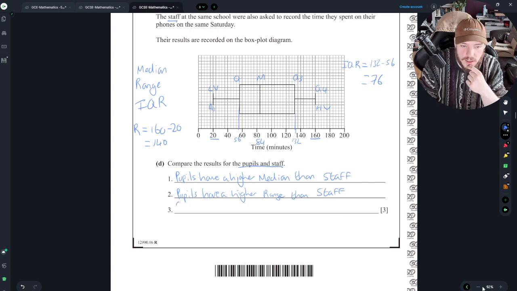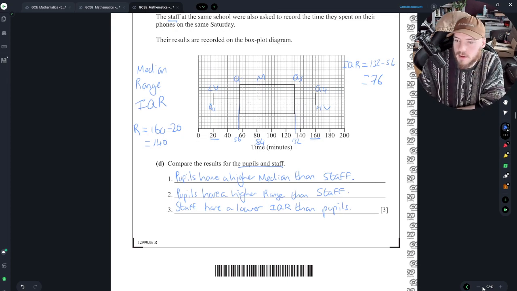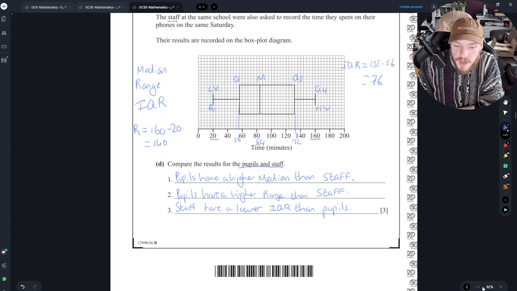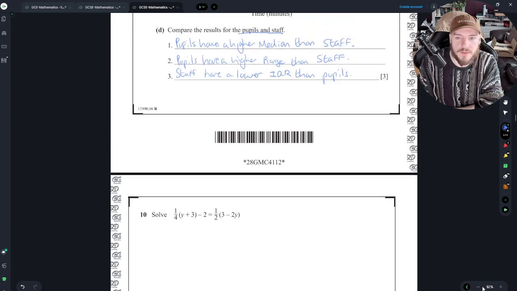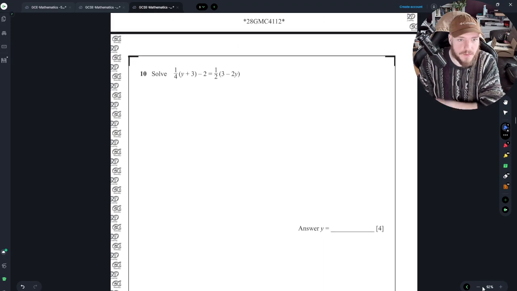So just to change things up, staff have a lower IQR than pupils. And it makes sense, okay? Pupils have more free time, probably less responsibilities, so pupils would probably spend more time on their mobiles. All right, so let's move on to the next one.